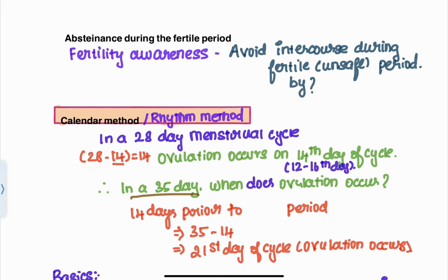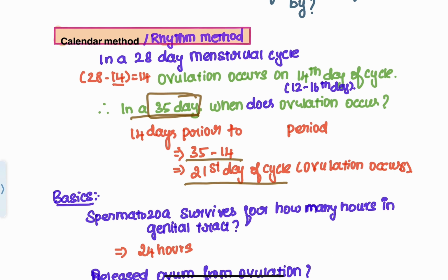Ovulation occurs about 14 days prior to the date of menstruation. So 35 minus 14 is equal to the 21st day. Therefore ovulation occurs on the 21st day of the cycle in this particular female.